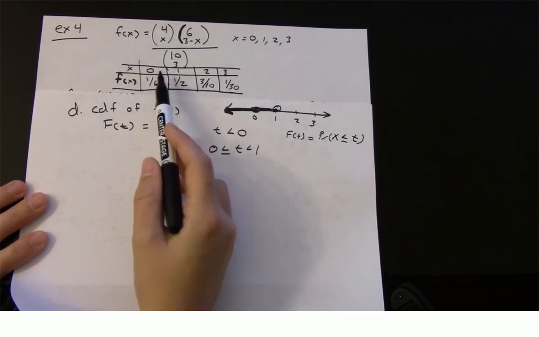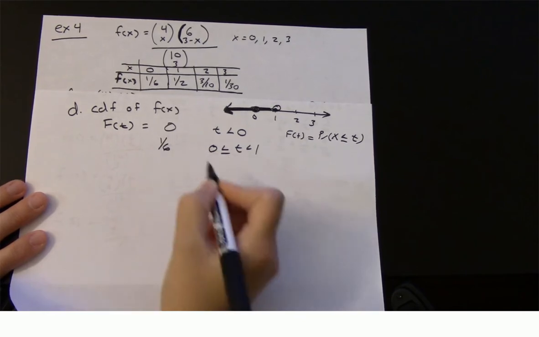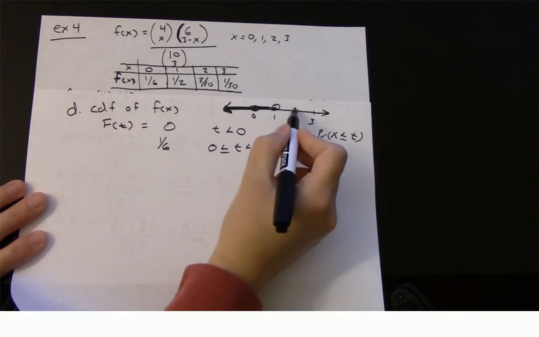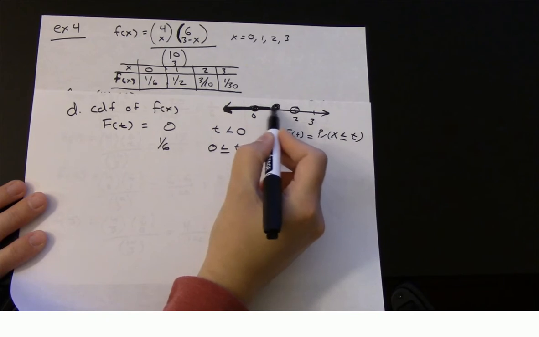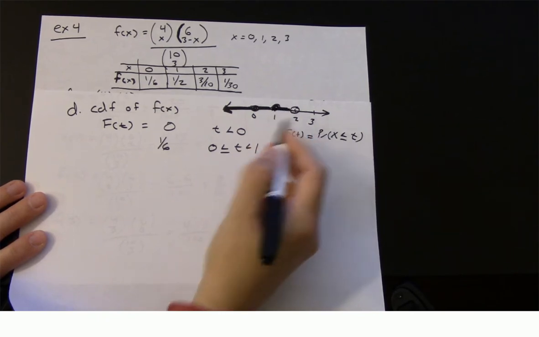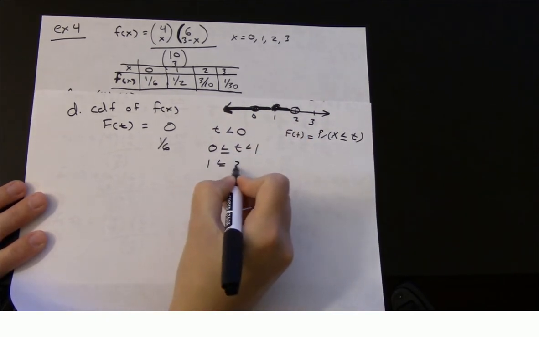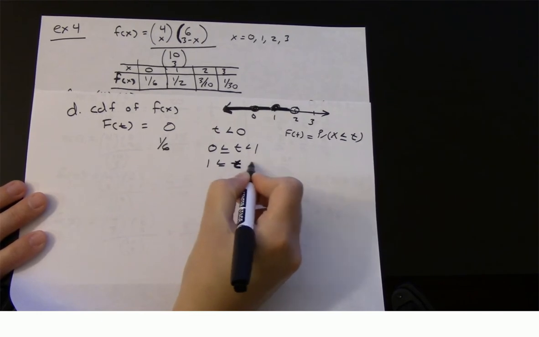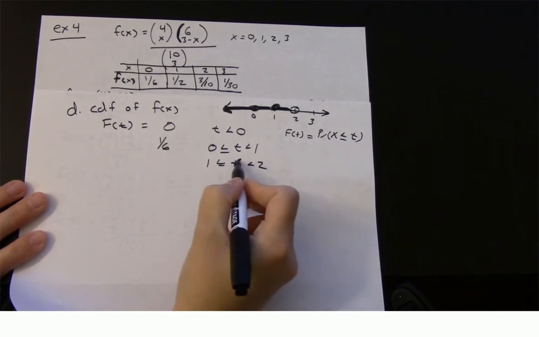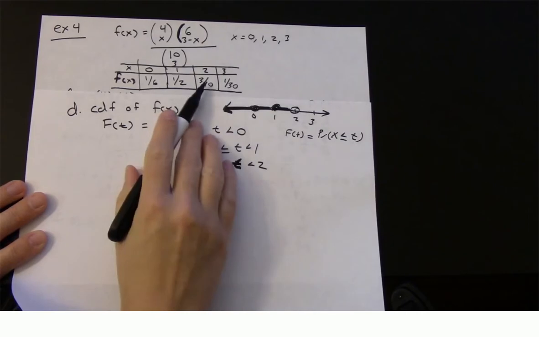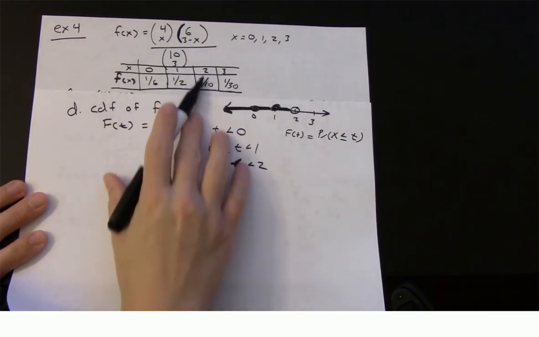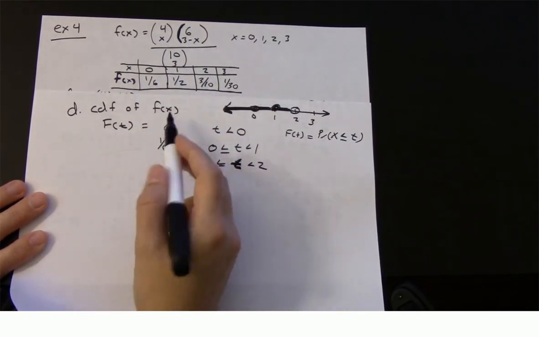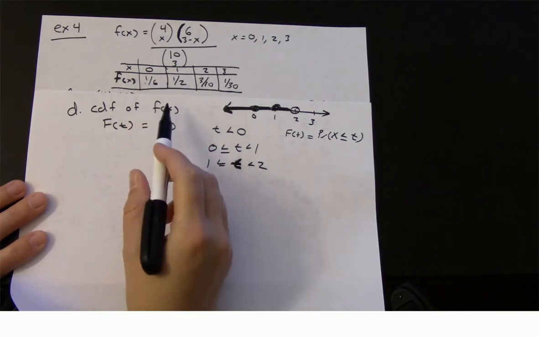So strictly less than 1, you're just going to have that 1/6. Okay, so now let's go up to 2. Let's fill in 1. Okay, so we go from 1, so t strictly less than 2. T is strictly less than 2, so not equal to 2, but strictly less than it. Then I can add up 1/6 and 1/2.